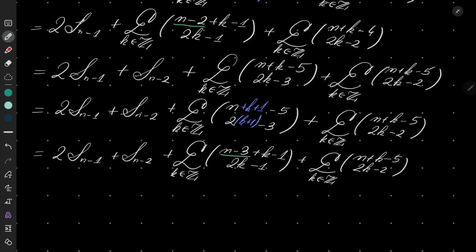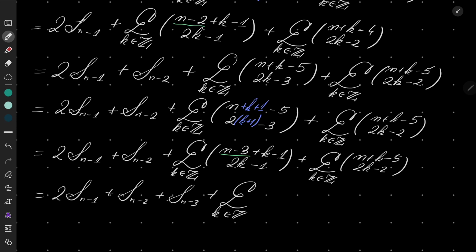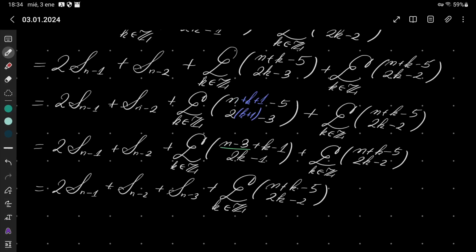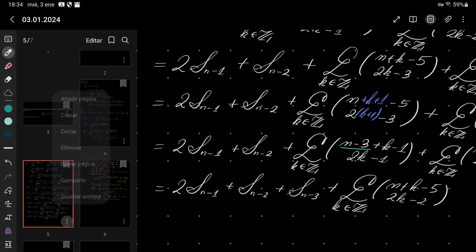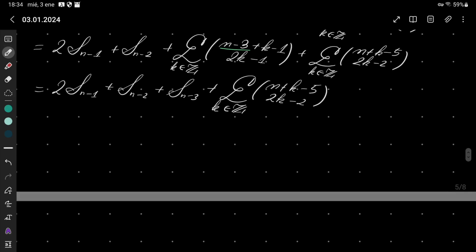N minus 3, so that is our n minus third term, plus our sum. And I hope that you see the pattern. I need some space. This problem is quite lengthy.